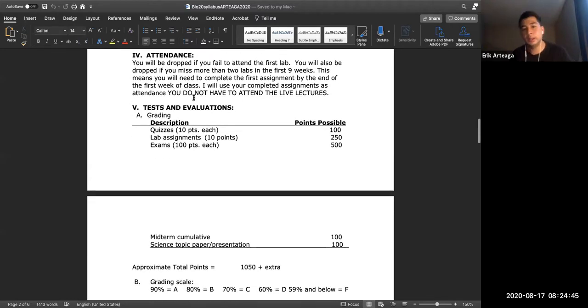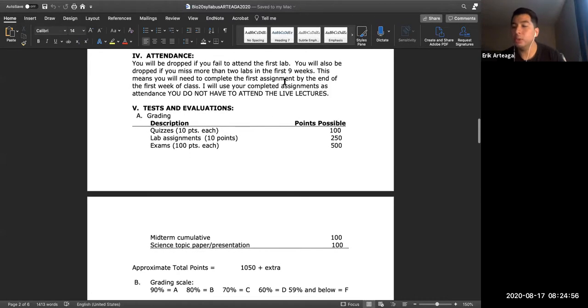So, attendance. I know this looks scary, but this is written for face-to-face labs. But I will drop you if you are not completing the work on Canvas or through that virtual lab. If you're having issues accessing that lab or you're having issues with Canvas, please notify me.